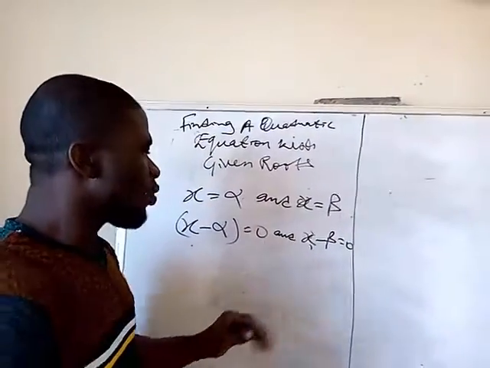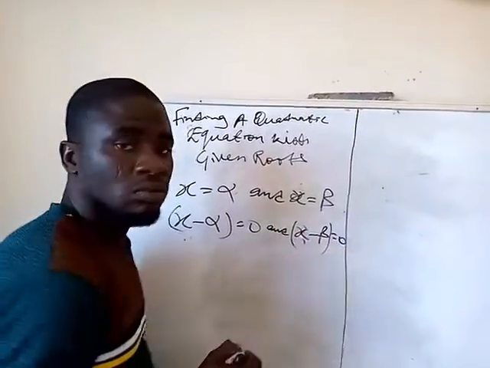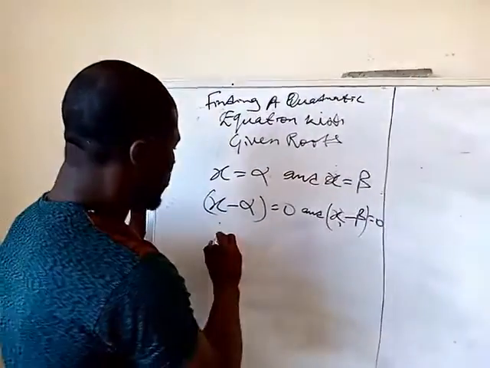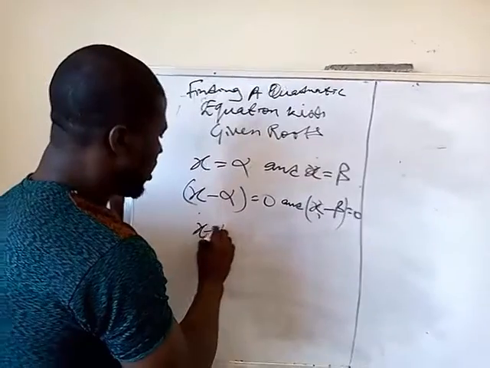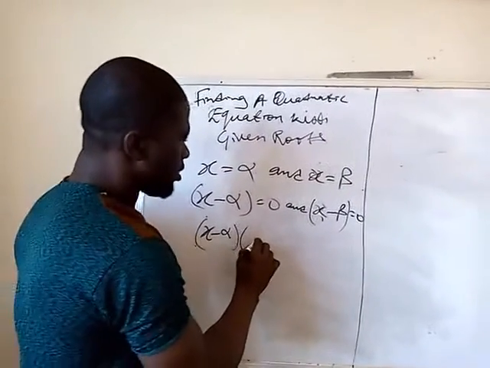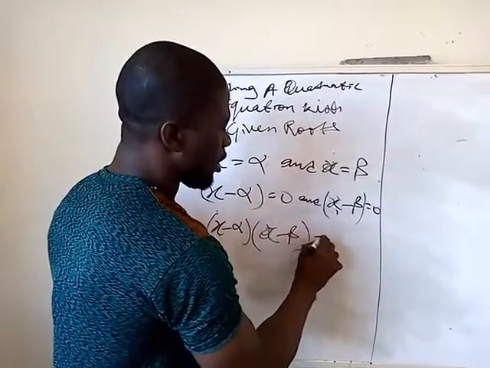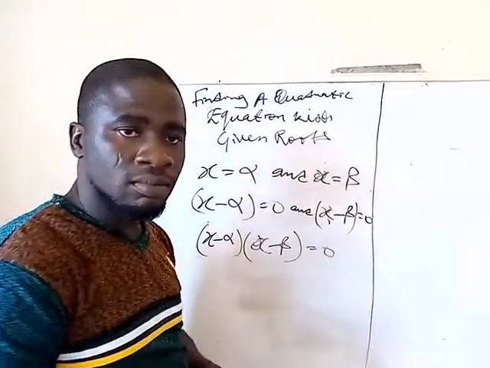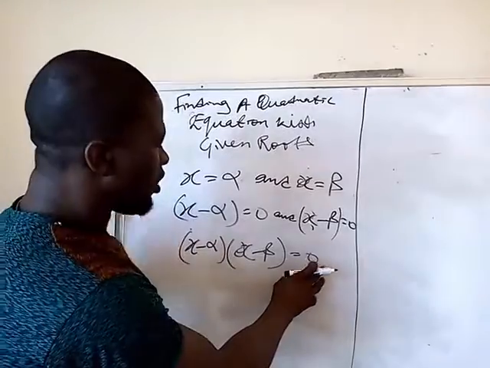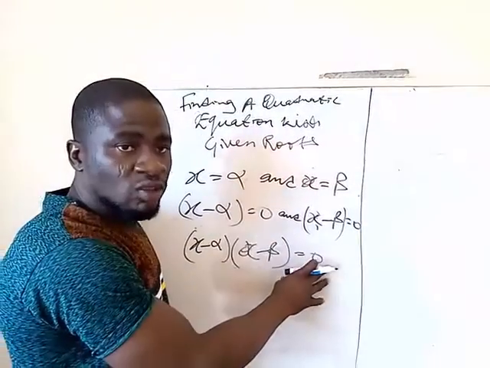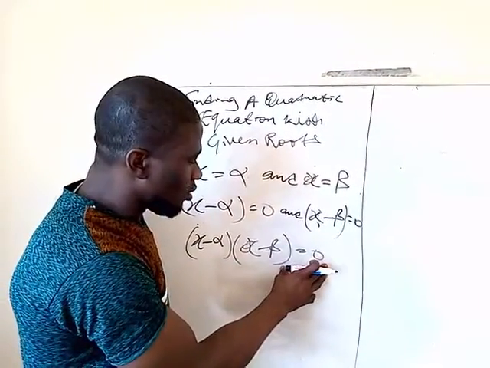Since both of them are equal to 0, you put them together: x minus alpha times x minus beta equal to 0. At this point, you will use it to form a quadratic equation.